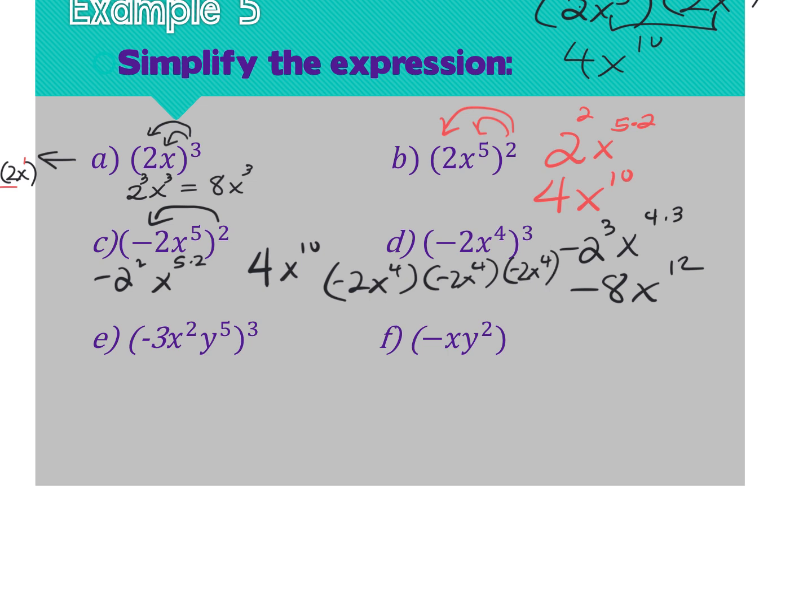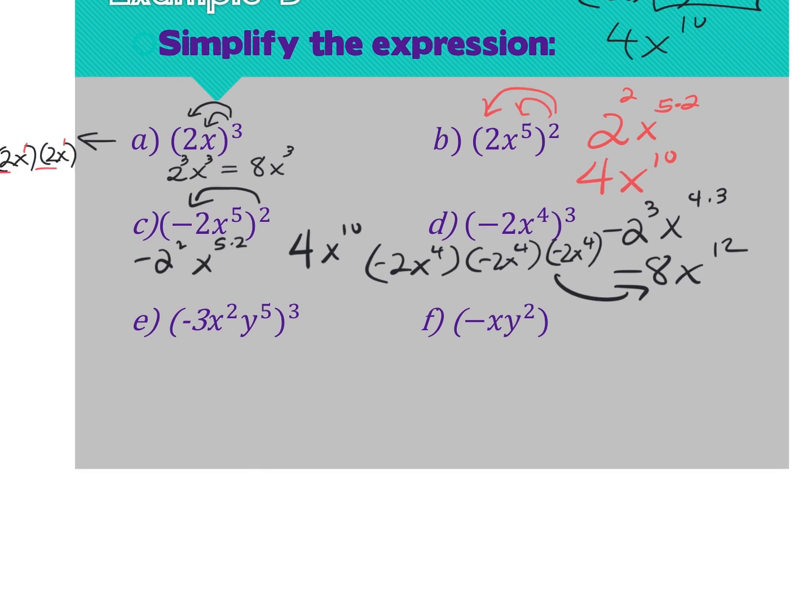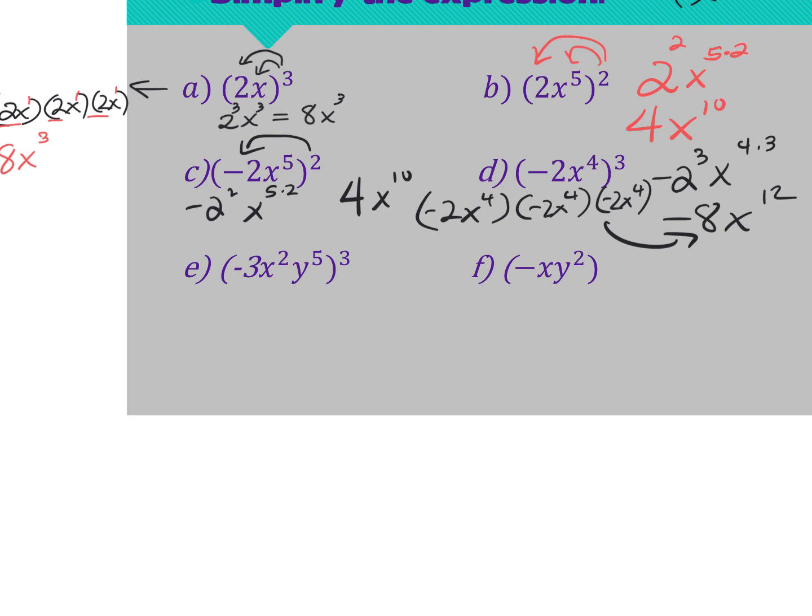Either way, it's still going to give you -8x to the 12th. For the next one, again, this power of 3 or the exponent is going to go to the -3, to the x, and to the y.